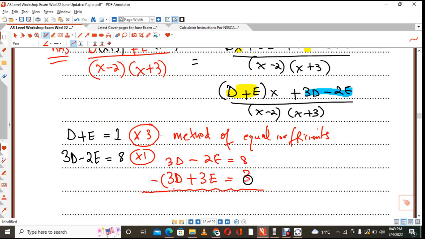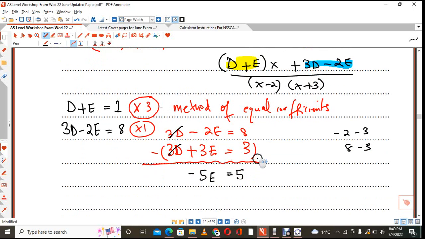So I eliminate by subtracting, because the 3d and 3d eliminate by subtracting. Now you must be very careful. Minus 2 minus 3 will give me negative 5e here. And 8 minus 3 gives you 5. Okay, so I am getting the value of e as negative 1.